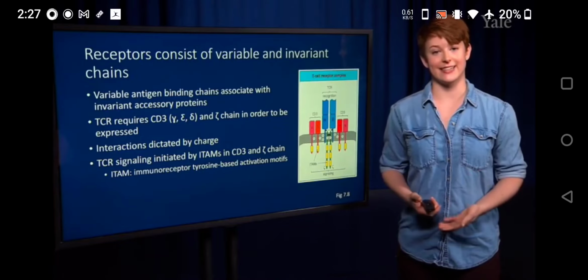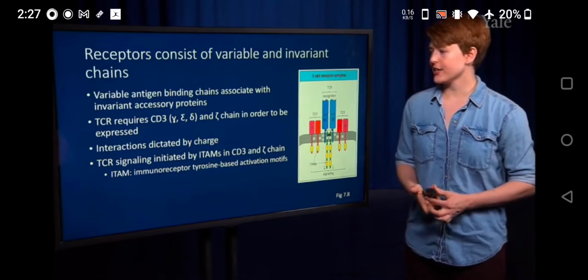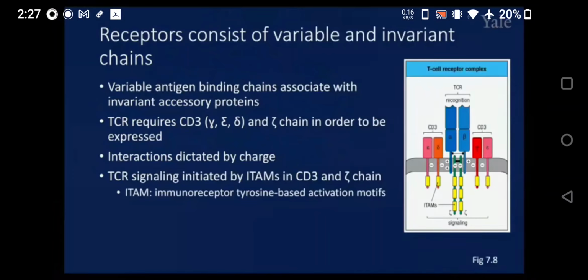You can see here the T cell receptor. You talked about this TCR in previous lectures. And you can see here that it really doesn't have much of an intracellular signaling domain. So it has to bind to other proteins that have more extensive intracellular domains in order to propagate a signal that leads to T cell activation.